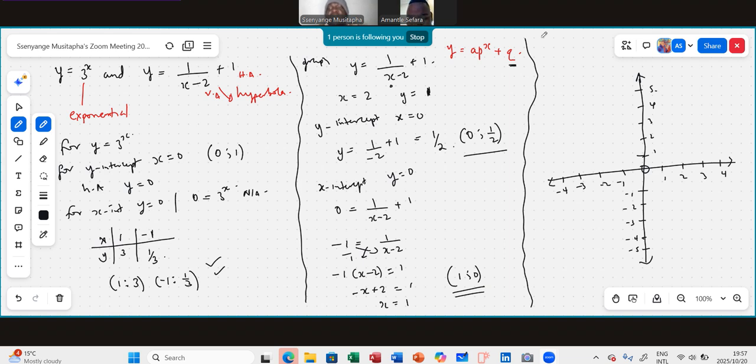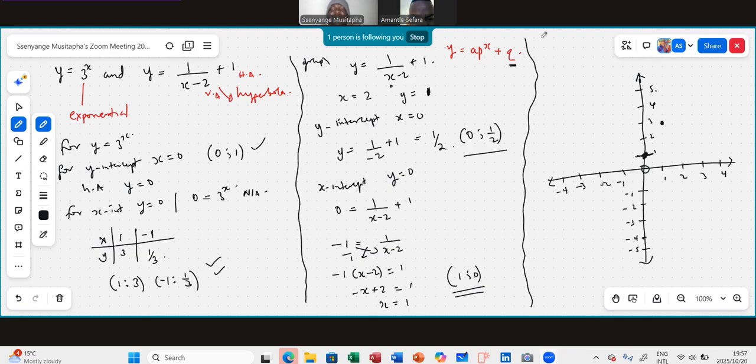First of all, we have 0 and 1: 0 on the x-axis and 1 on the y-axis. And where does this graph pass? It's going to pass between 1 on the x-axis and 3 on the y-axis, on this side.